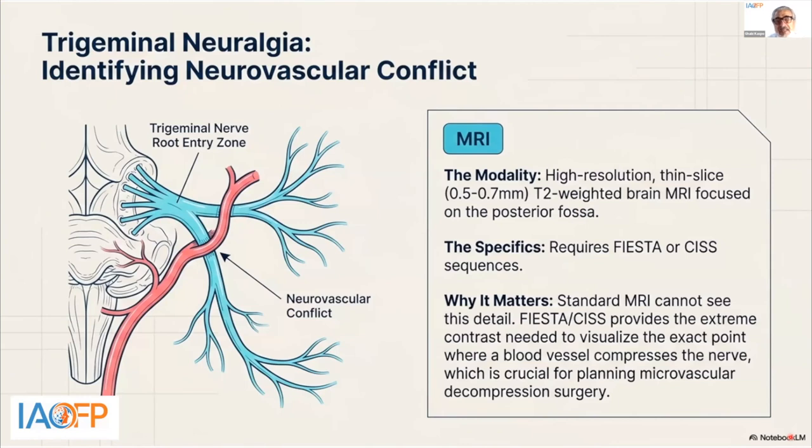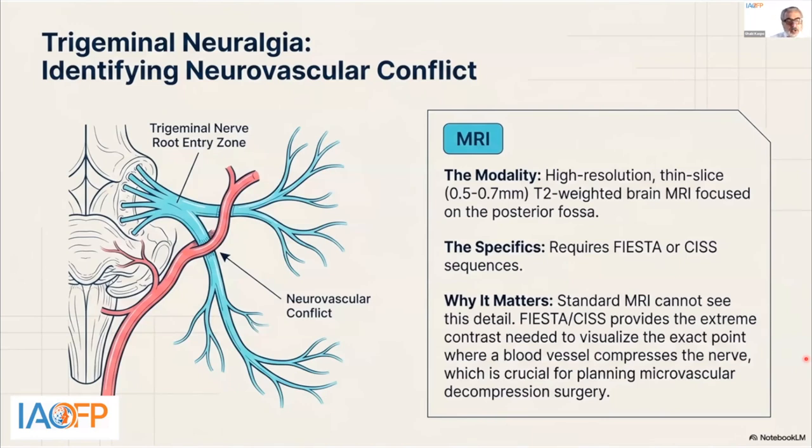It is best assessed with a high-resolution MRI of the posterior fossa. Standard MRI is, let me put it this way, not every MRI can image the trigeminal nerve. They can, but they need really higher resolution.